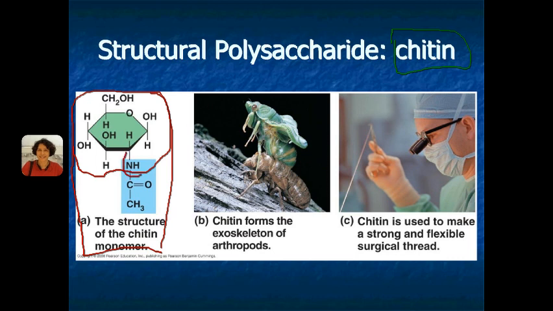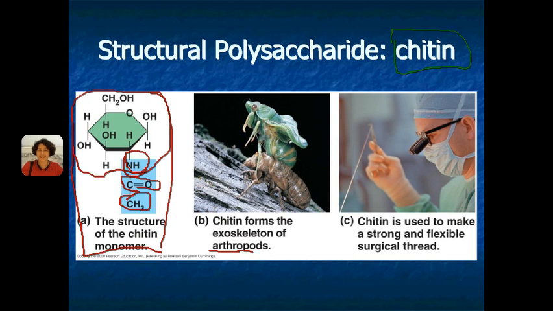Over here, the hydroxyl group is substituted for an amino group that has a carbonyl, and then a methyl group. So it is a substituted carbohydrate, and polymers of chitin form the exoskeletons of insects and crustaceans, which together are arthropods, and spiders also.